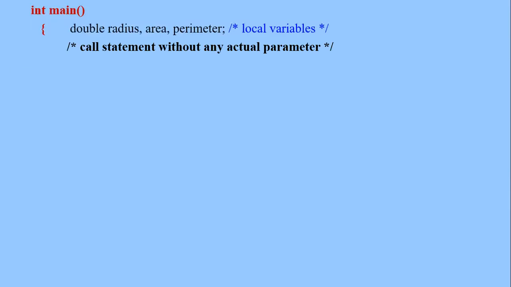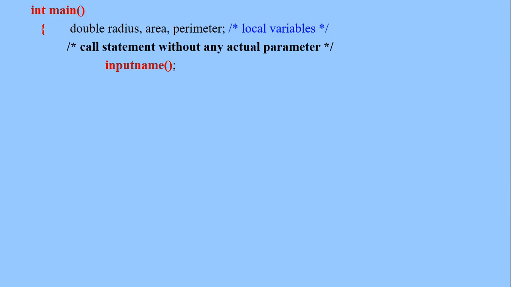Then we have now the main program. This is the one which will coordinate how those other functions will be acted upon. So in this function, we have 3 local variables declared here. One local variable is radius, the other one is area, the other one is perimeter. So we have the call statement without any actual parameter, this one.